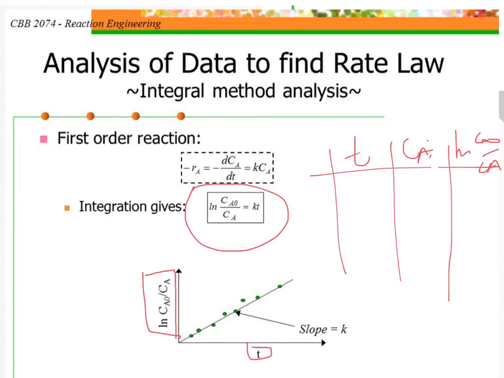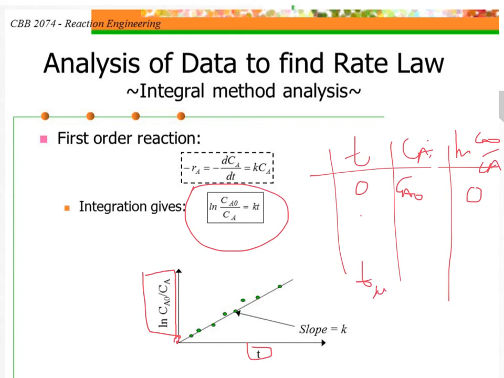At T equals 0, CA equals CA naught, so you should get 0, because CA naught divided by CA naught is 1, and ln 1 equals 0. So you get this particular point, and you keep continuing until T equals certain numbers.